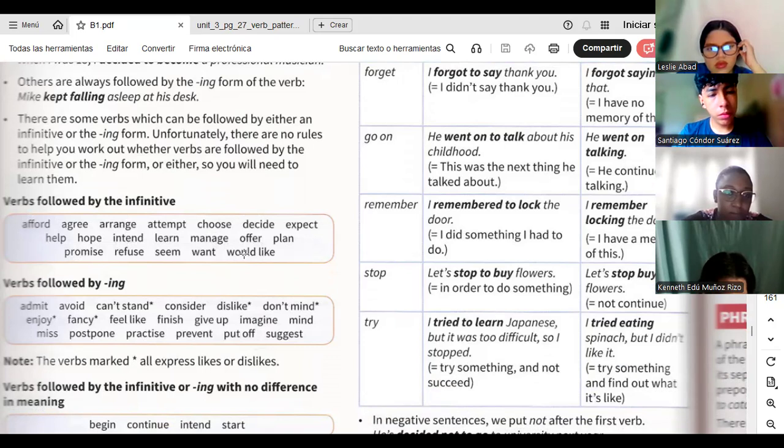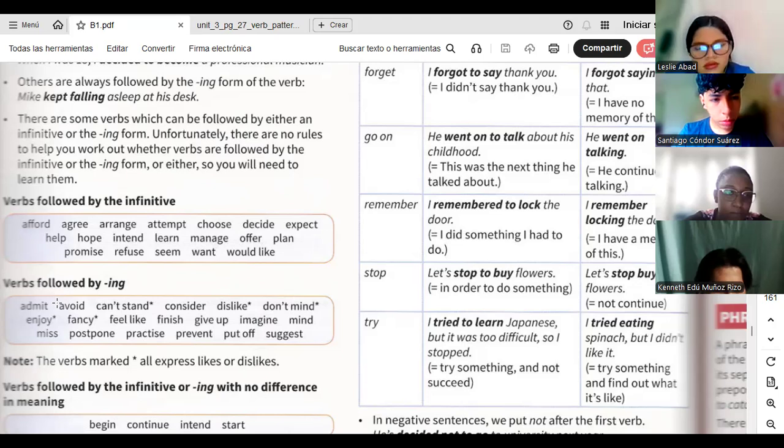After these verbs, we use infinitive. Verbs followed by ing: admire, avoid, can't stand, consider, dislike, don't mind, enjoy, fancy, feel like, finish, get up, imagine, mind, miss, postpone, practice, prevent, put off, and suggest.